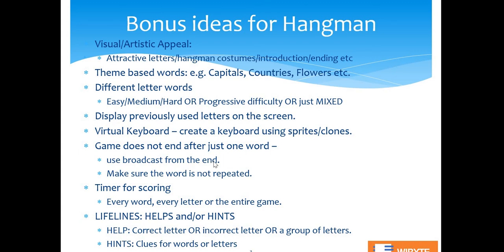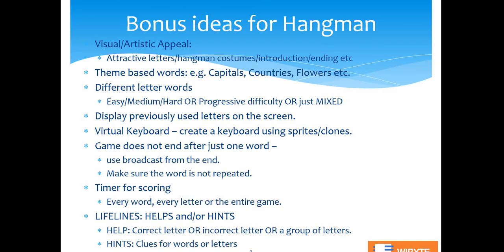I can start with a 3-letter word or say a 4-letter word. Then if I get it correct, I go to a 5-letter word. If I get it correct, I go to a 6-letter word, and so on and so forth. But whenever I do that, remember, I have to make sure that the word is not repeated, right? Which means that I have to again keep one more list of chosen words and make sure that the new chosen word is not a part of that list, right?